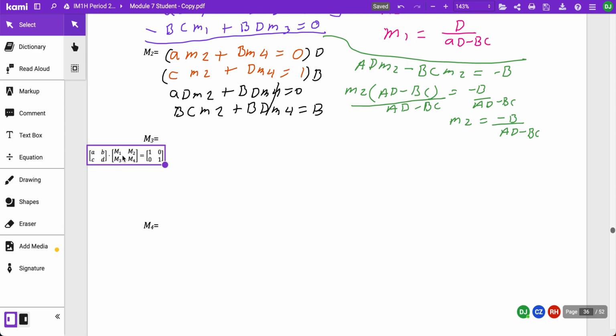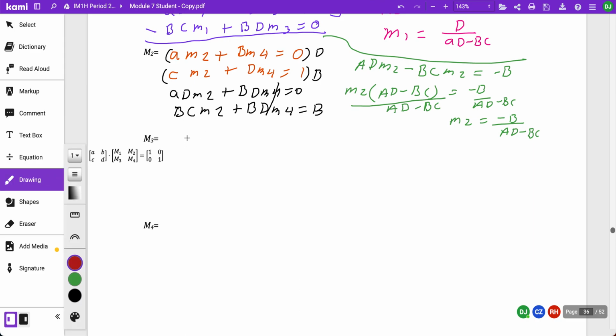So M3, this is first row, second column. Second row, first column. So to do that then, second row, first column would be A times M1, B times M3, okay?